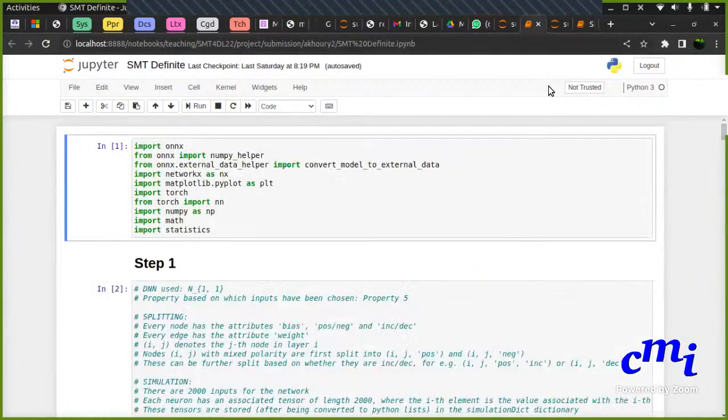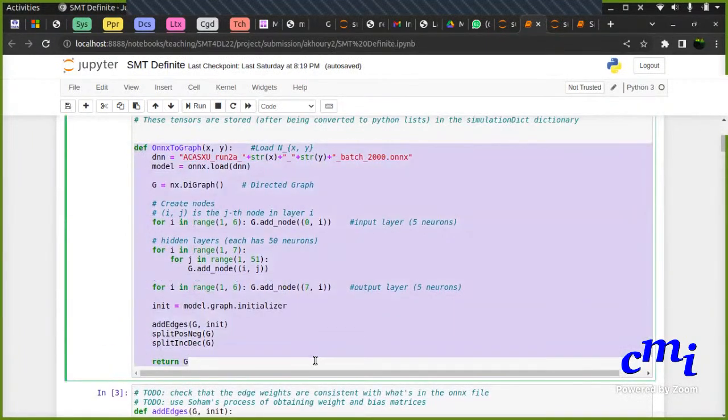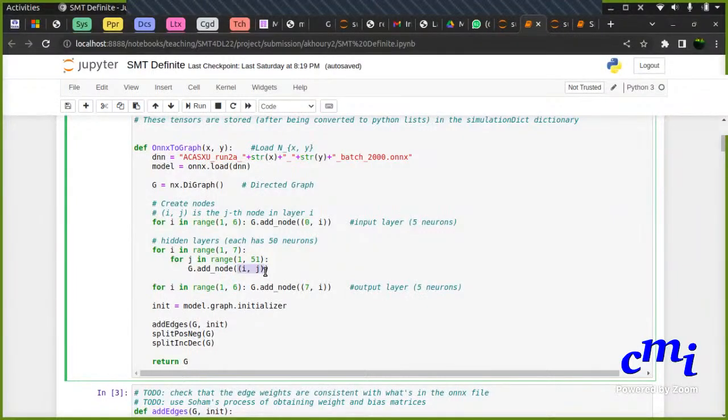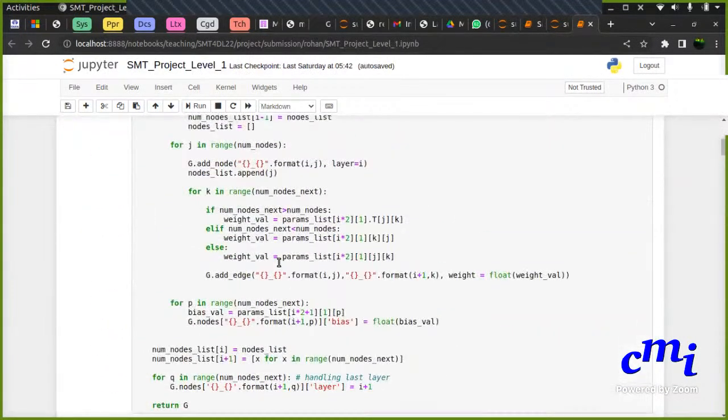Okay, so I think this is good. The ONNX loading code that you guys have already is good, but of course, the graph that you're creating might have some convention or notation differences. For example, you are using tuples of indices as the names of the nodes, while they are using strings with the node indices separated by underscores, and so on.